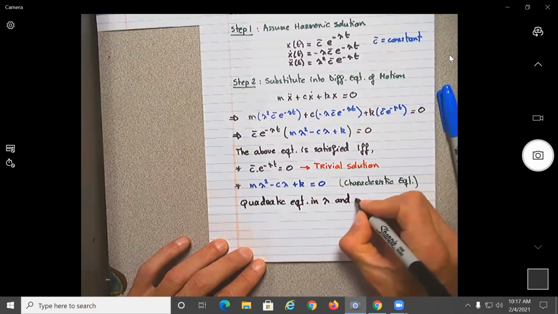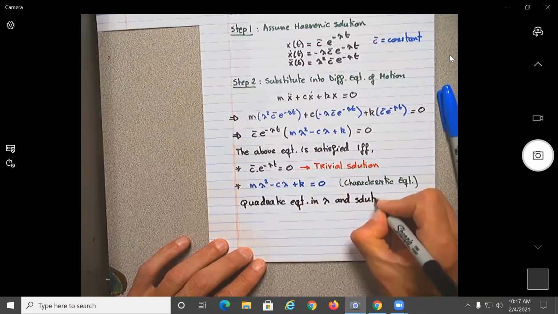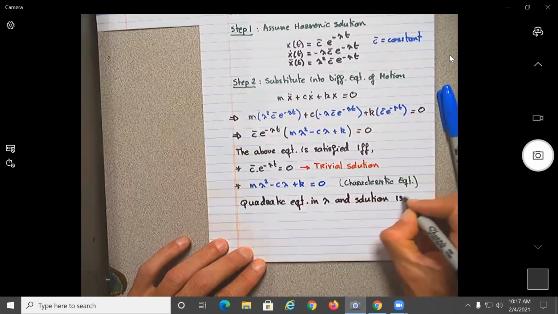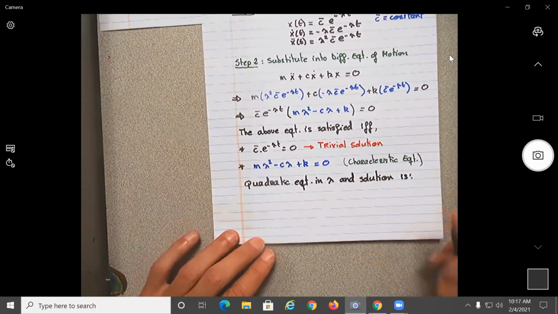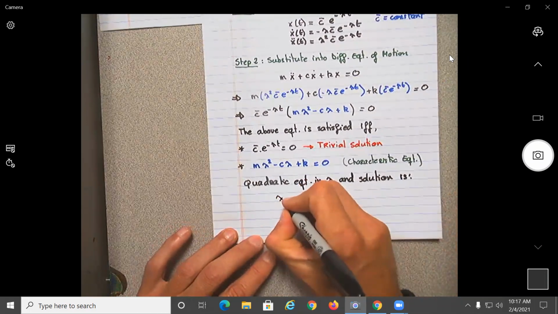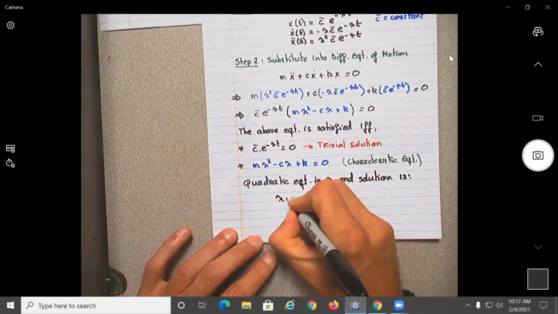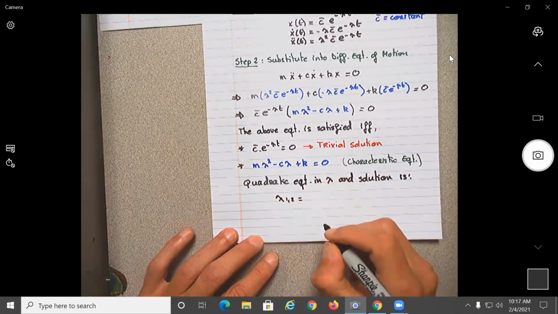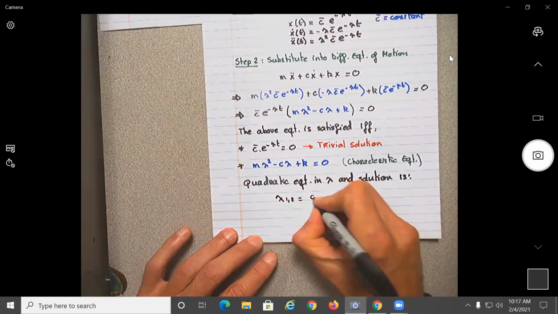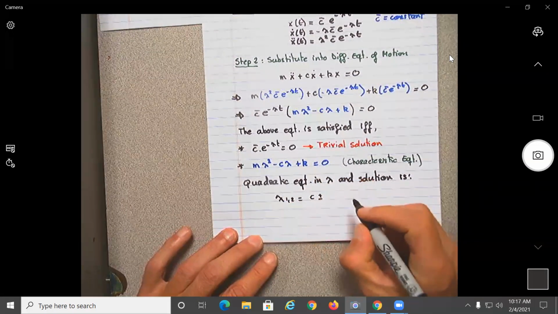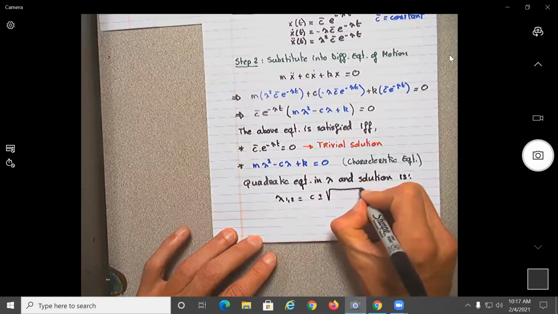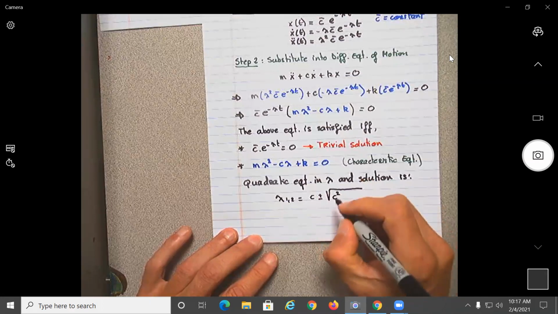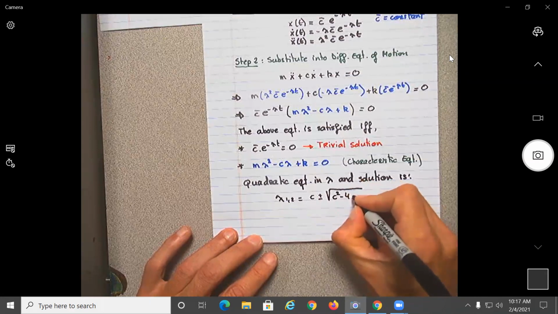And you know this, the solution of this will be equal to what? Lambda 1,2 should be equal to c plus minus the square root of c squared minus 4mk.